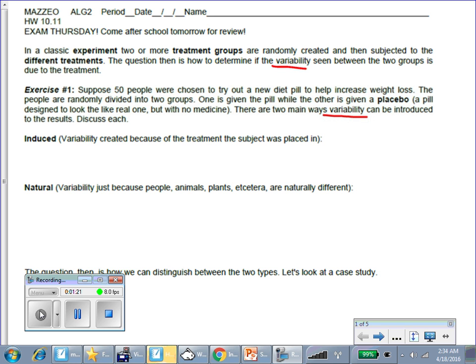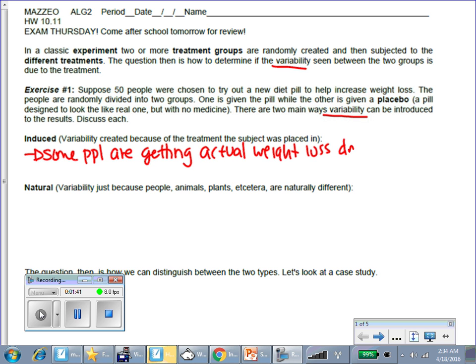Induced variability occurs because some people are getting actual weight loss drugs and some people are not. So some of the difference in the amount of weight loss should be expected to come from taking the drug or not.